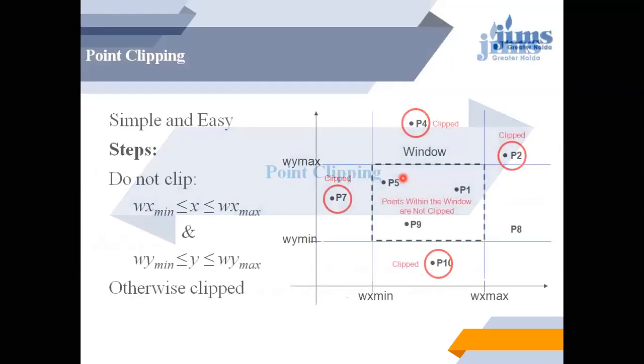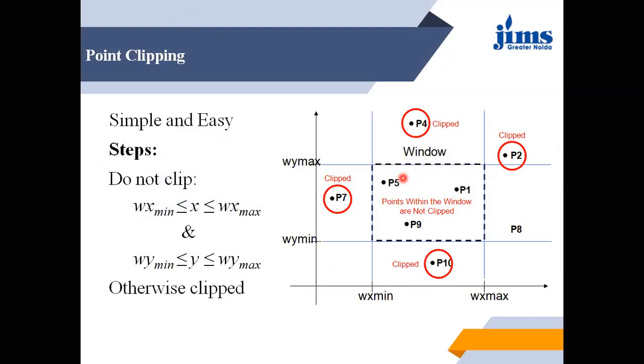In point clipping, we find the x coordinate and y coordinate of a point, and if the x coordinate lies between Wx min and Wx max in the x direction and Wy min to Wy max in the y direction, it means the point is inside the window, like P1, P5 and P9.